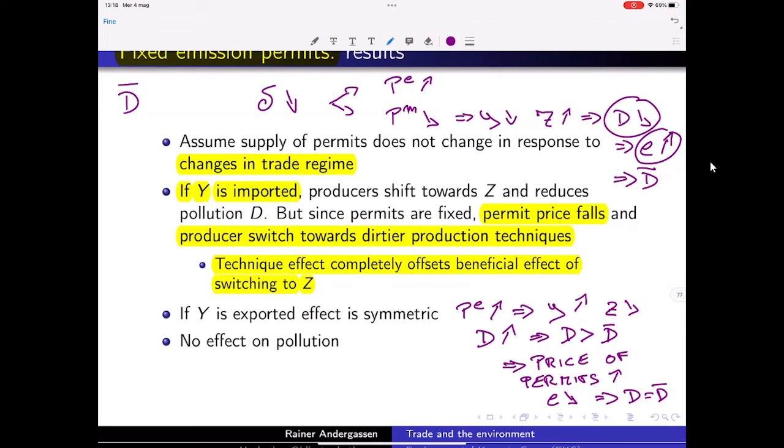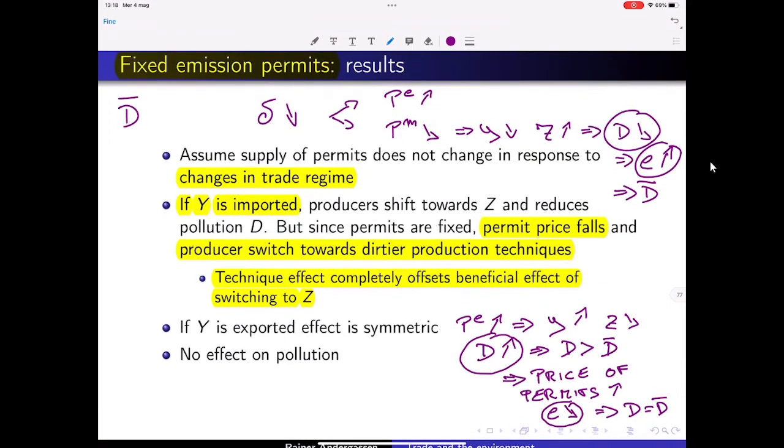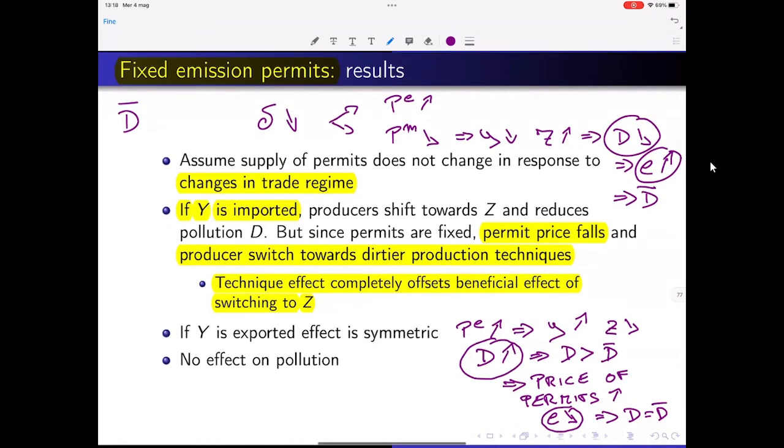And so again, the technique effect completely offsets the composition effect. So no effect of a change in trade regime on pollution. So what you have in this case, you have only positive gains from trade effect.